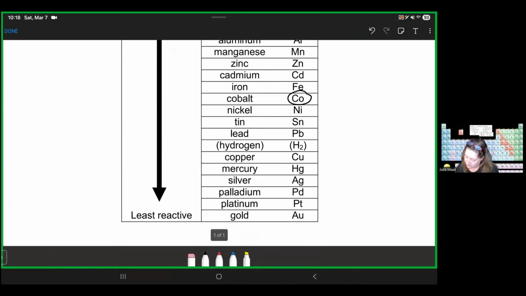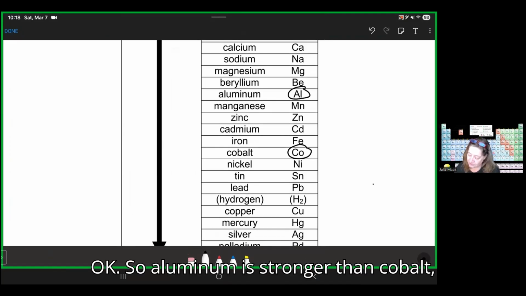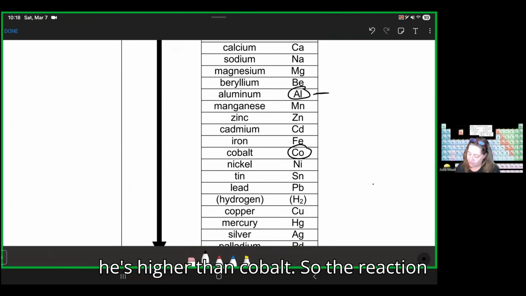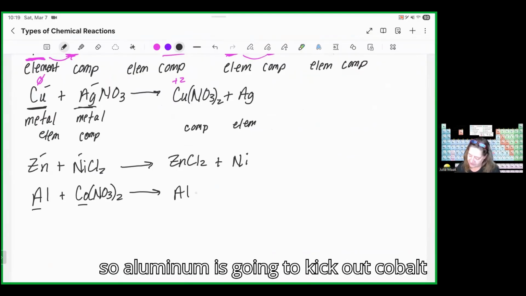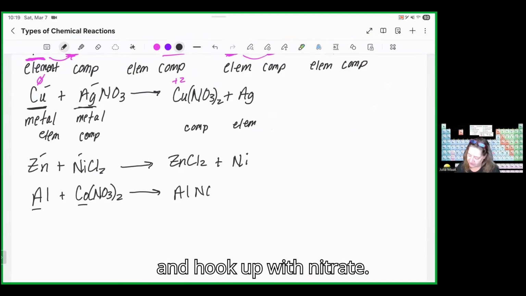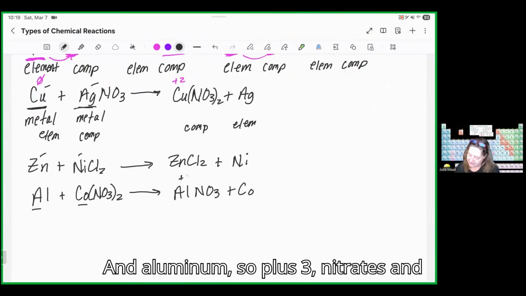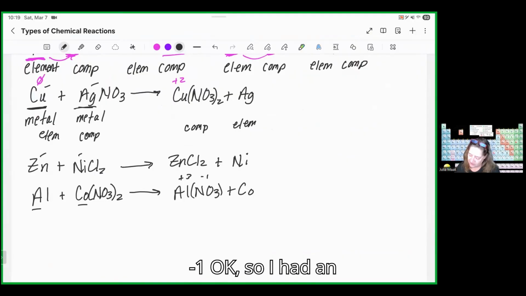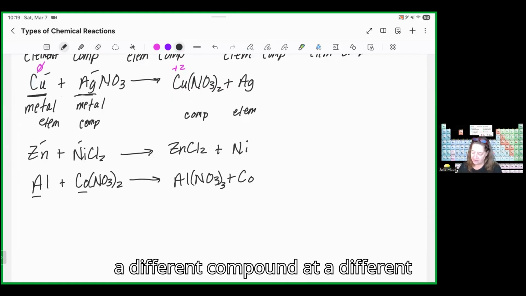And here's my aluminum. Okay, so aluminum is stronger than cobalt. He's higher than cobalt, so the reaction is going to happen. Okay, so aluminum is going to kick out cobalt and hook up with nitrate. Okay, and aluminum's a +3, nitrate's a -1. Okay, so I had an element with a compound and made a different compound and a different element.